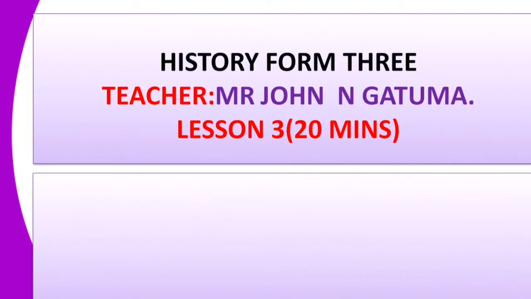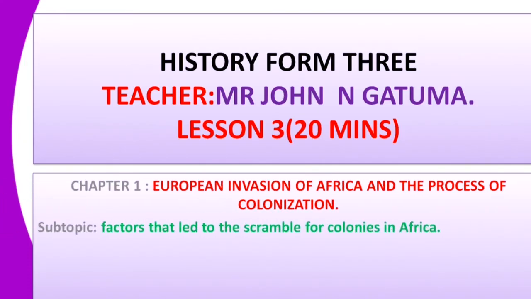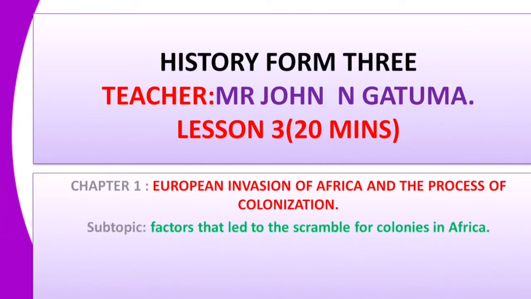In today's lesson, we shall continue with chapter 1, the Europeans' invasion of Africa and the process of colonization. We shall deal with the subtopic: factors that led to the scramble and partition of colonies in Africa.